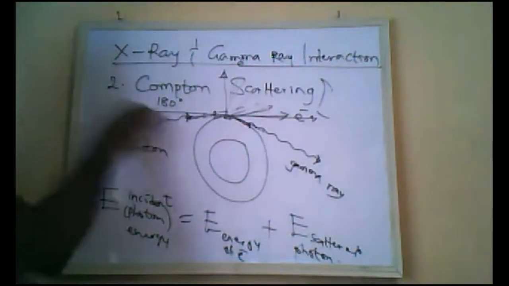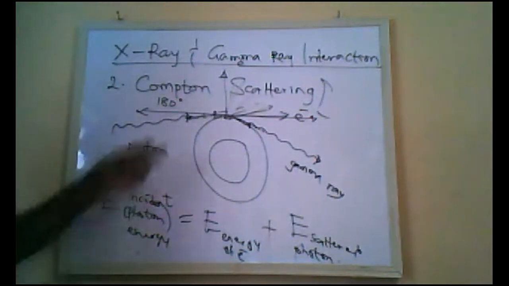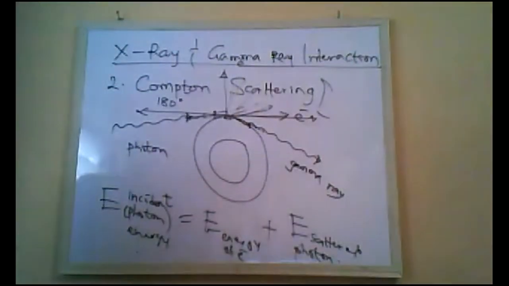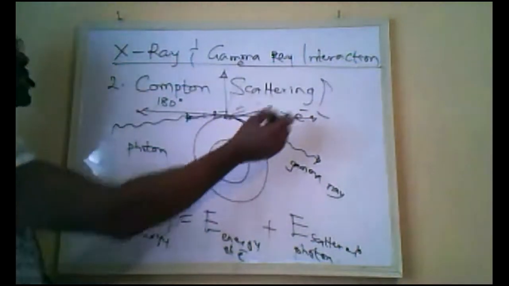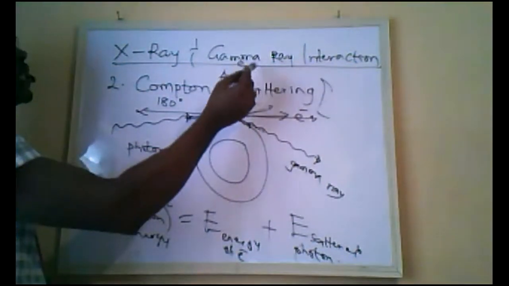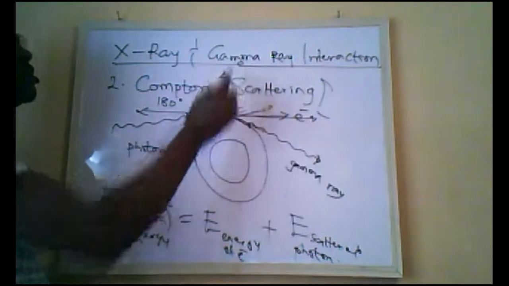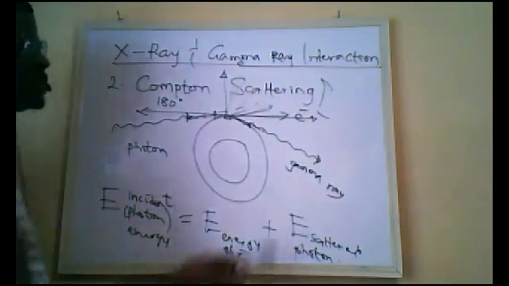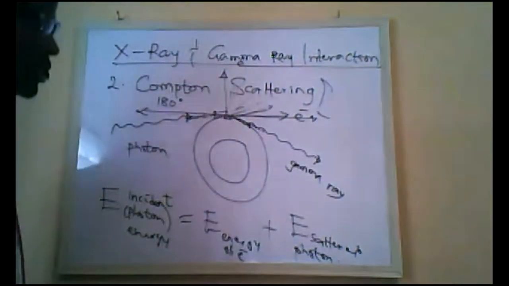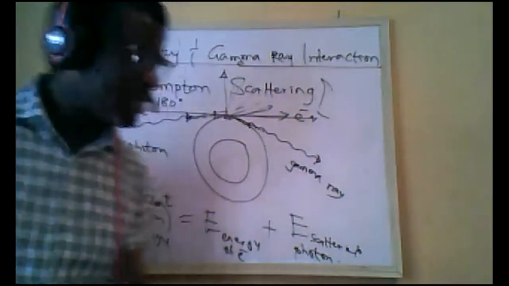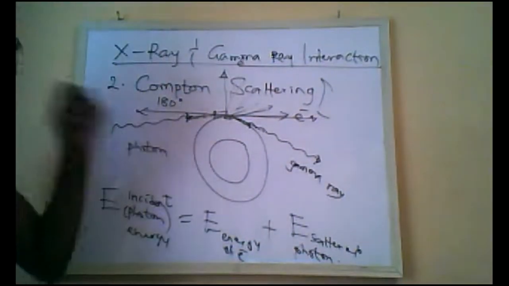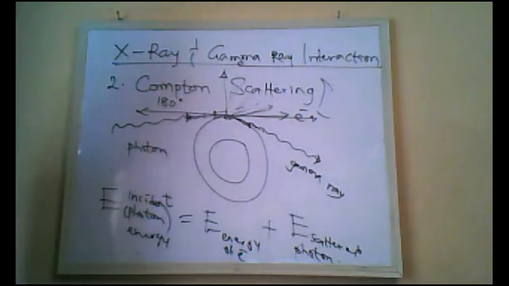We have a particular formula, but I don't want to go into all those formulas. Just for us to know that the maximum angle the electron can be scattered to is 90 degrees, whereas the gamma ray can be scattered to any angle, even up to 180 degrees.